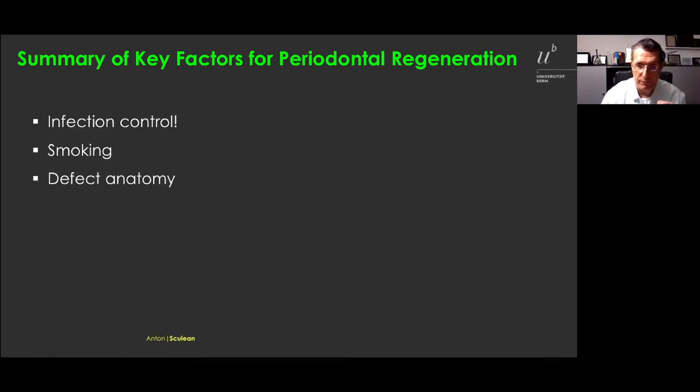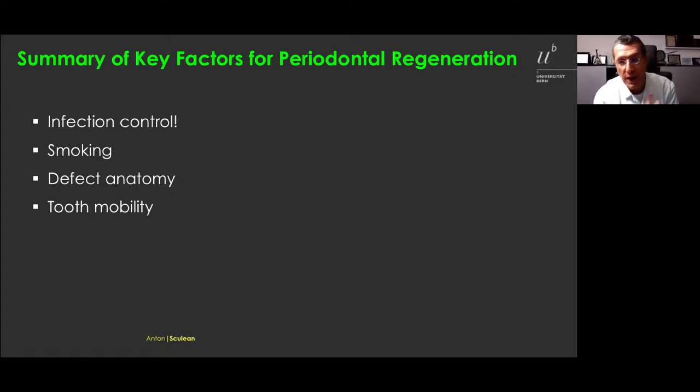Defect anatomy. Okay, analyze very carefully during your surgical procedure the anatomy of the defect, and then choose one or a combination of materials. If your tooth is mobile, please stabilize, splint your teeth, because it's like a fracture.